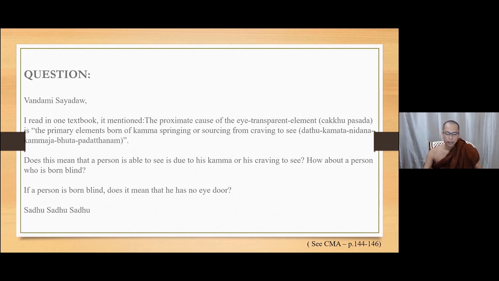So here I would like to explain that the karma does not arise, the karma refers to the produced karma, it does not arise only under the influence of craving. And also sometimes it's useful.